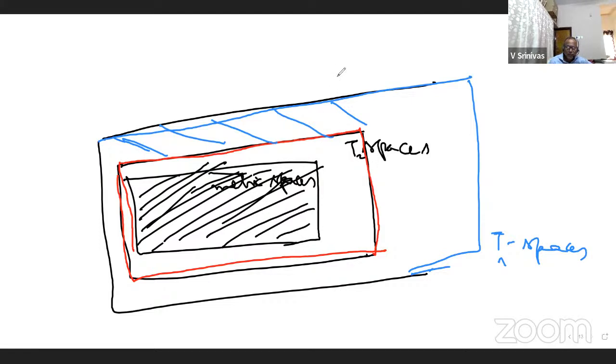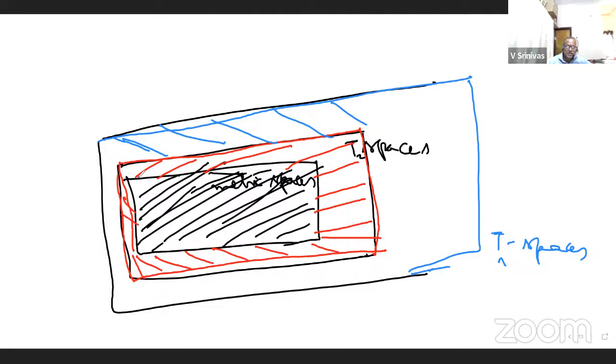So each metric space is T2. So the black colored spaces, or metric spaces, sit in the red colored spaces, which are T2, and then they sit in the blue colored spaces, which are T1.